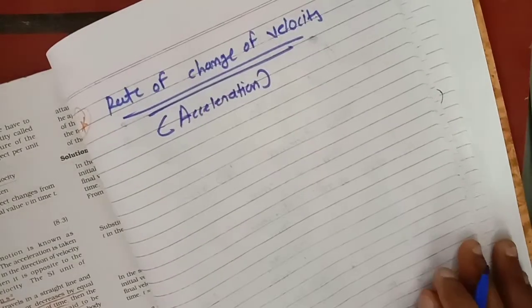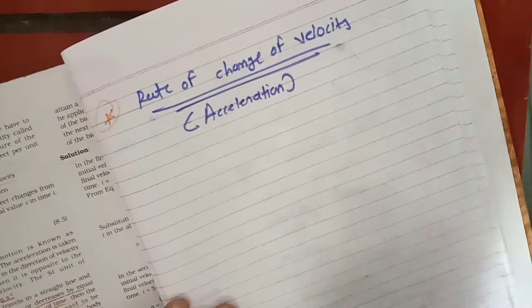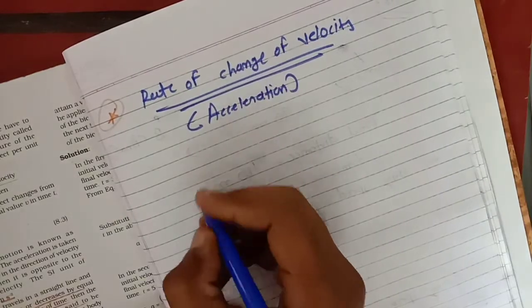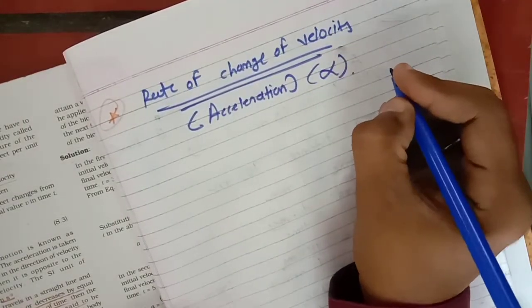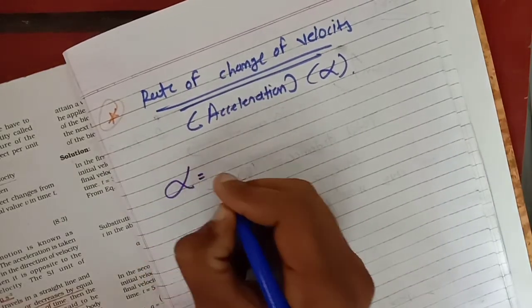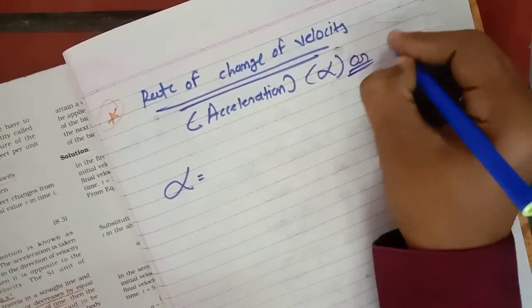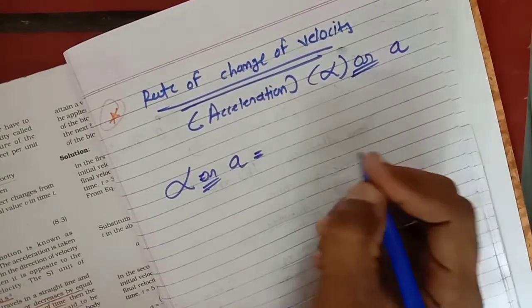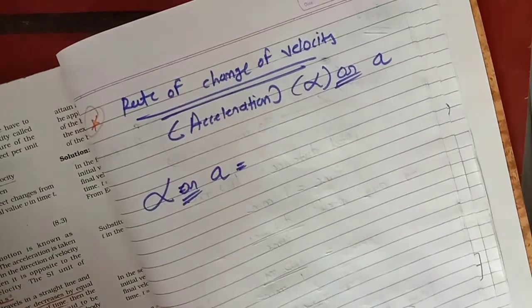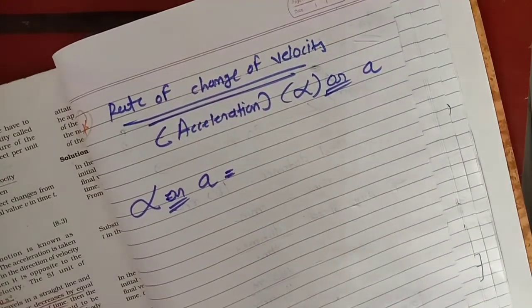Acceleration means rate of change of velocity, and the symbol of acceleration is alpha. Alpha is equal to, or you can write A also. Here alpha or A is equal to rate of change of velocity.